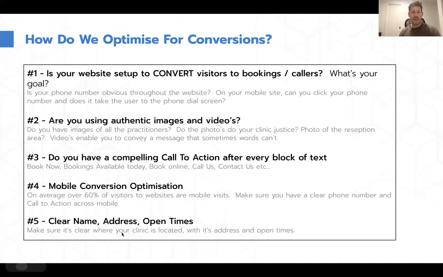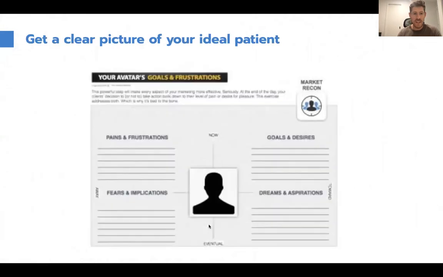Just make it really clear where the clinic's located. There are times that I've stumbled across a site for Physio Camberwell, and they're actually located in Malvern, which is two suburbs down, but they've optimized it so much for Physio Camberwell that you have this expectation that they are in Camberwell. So making sure that's super clear.